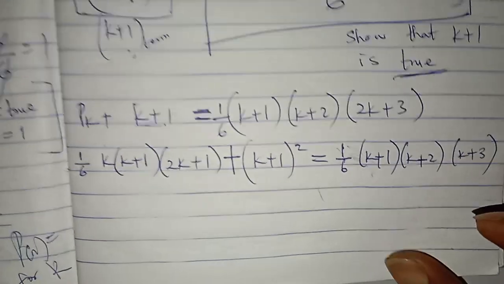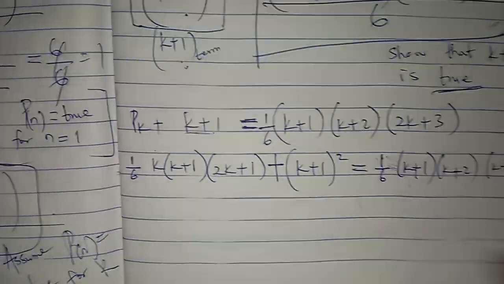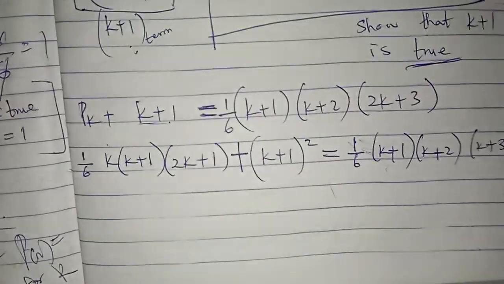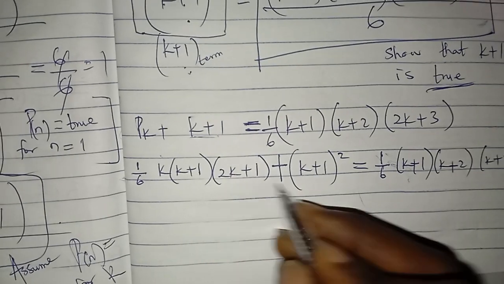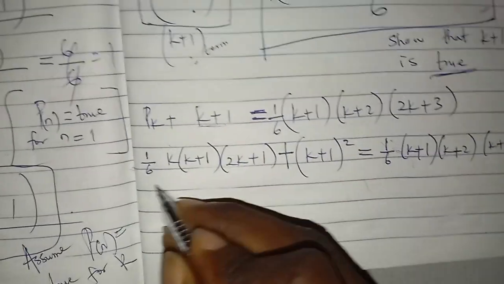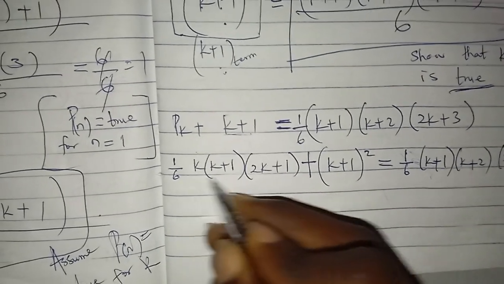So let's try to simplify and see what we have. So notice that I'm being fast. You need to be the one paying attention, putting in effort. Alright. Let's try to look at this. Okay, let's do the LCM. If we do the LCM, we see that this side is the owner of this 6.